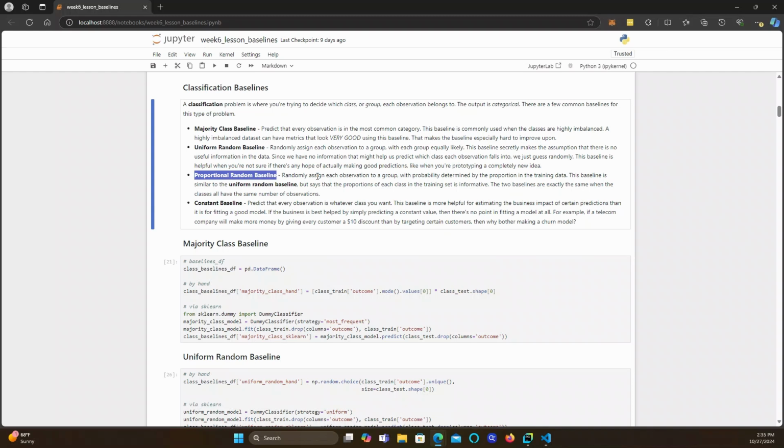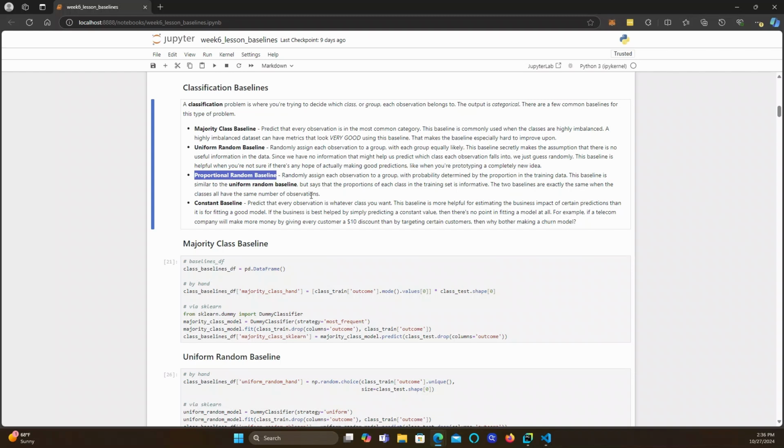In my example for majority class baseline, I said that 95% of people don't have diabetes, right? So for a proportional random baseline, we would randomly assign 95% of people to not have diabetes and randomly assign 5% of people to have diabetes, and that would form a proportional random baseline.